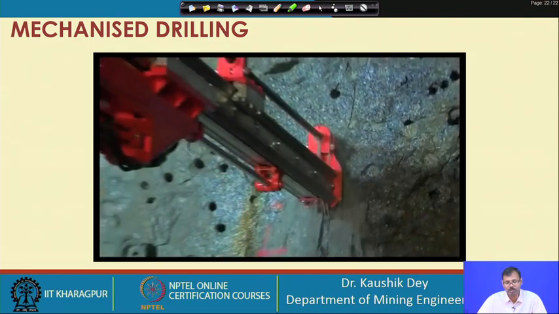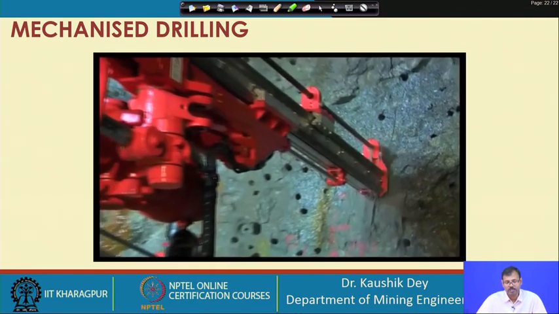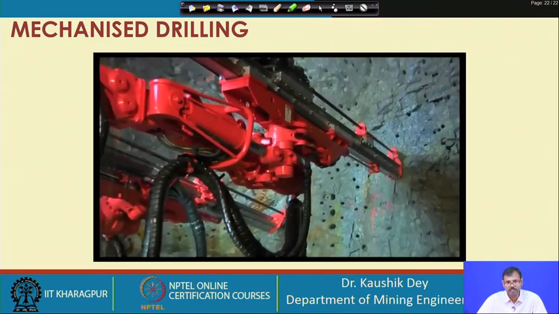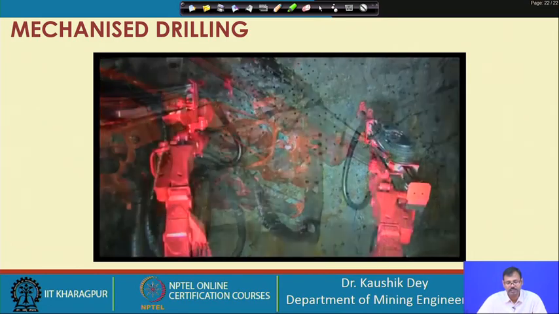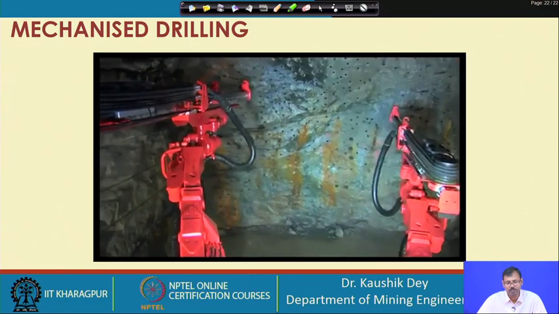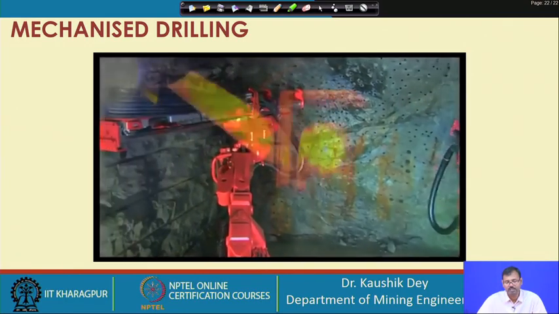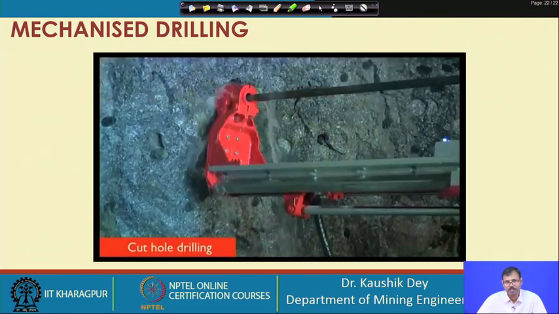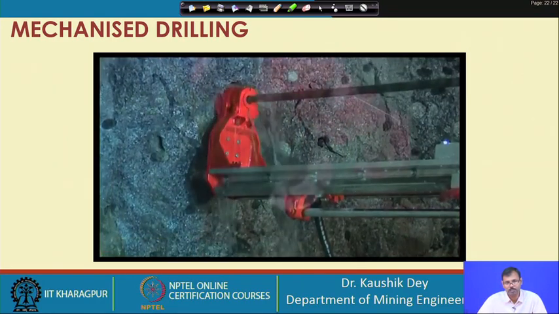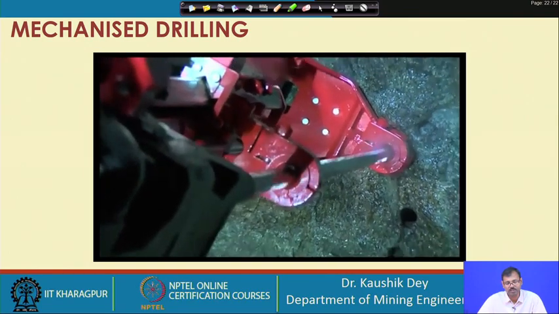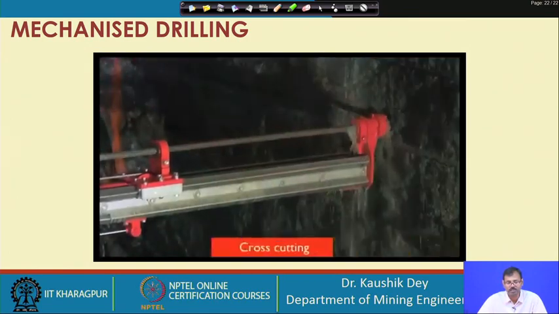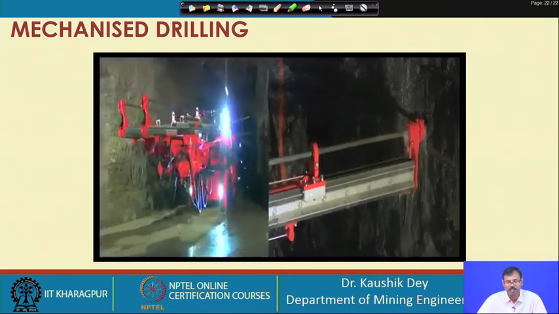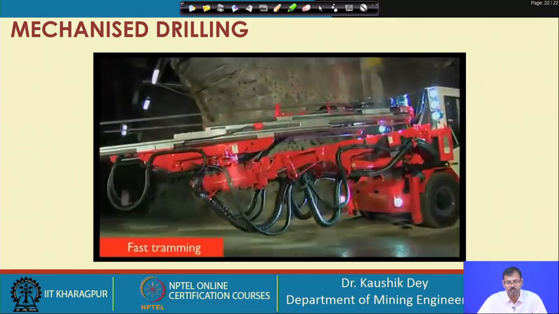Suppose, as discussed in the last class, a 60° angle is required; that can be achieved using this type of computerized machine. But when it is carried out manually, the person may not have proper knowledge of the 60°, and may come out with a 45° or maybe 70° angle instead of 60°. So the total blast performance may be affected because of poor drilling.